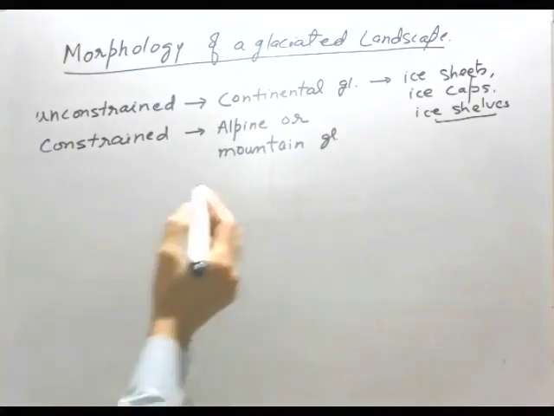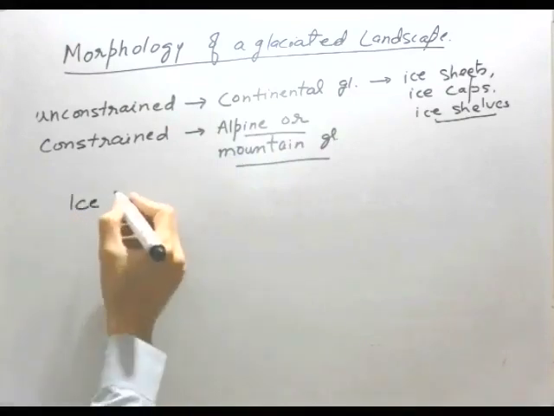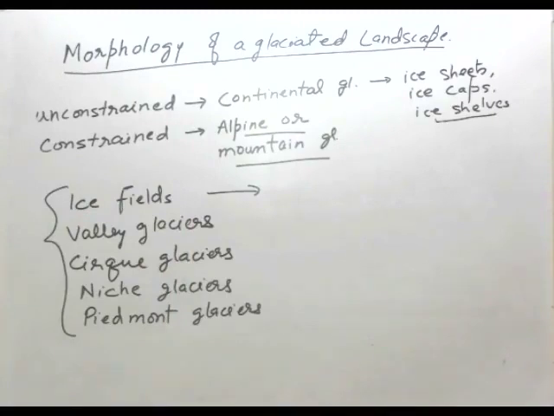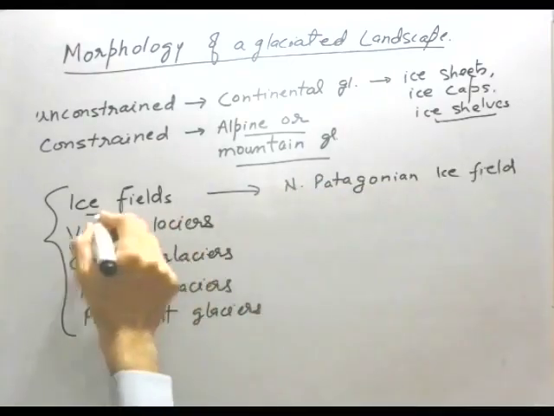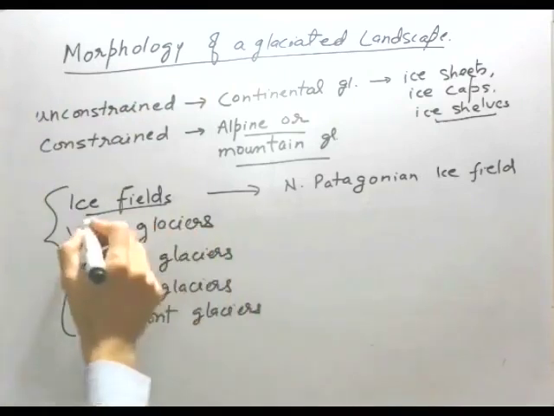Now coming to the alpine or mountain glaciers, let us get familiar with certain terms. Ice fields are level ice surface topography in mountain regions, for example, the North Patagonian ice field. The term may sound similar to ice caps and ice sheets, and they also appear to be similar because the topography is level.